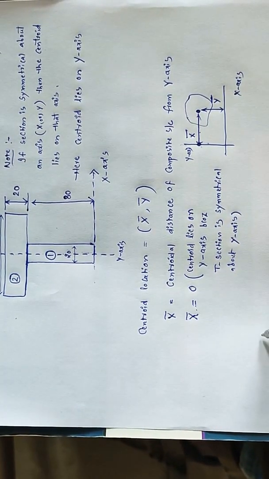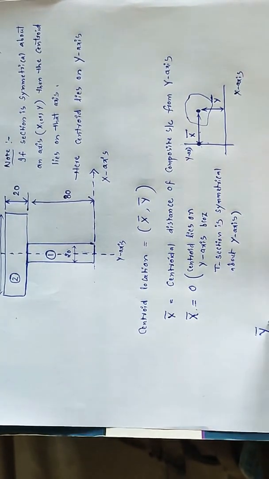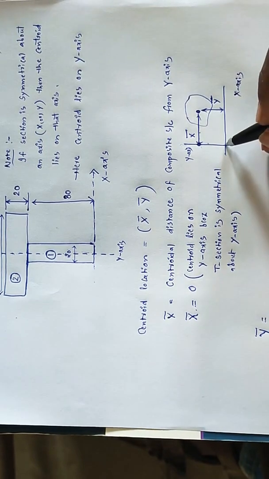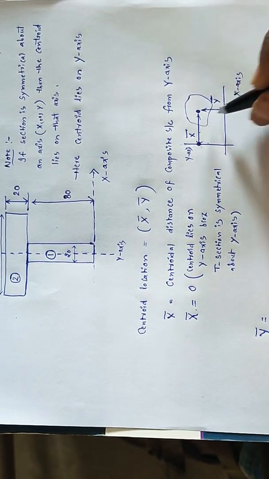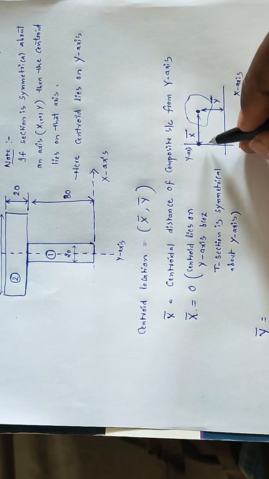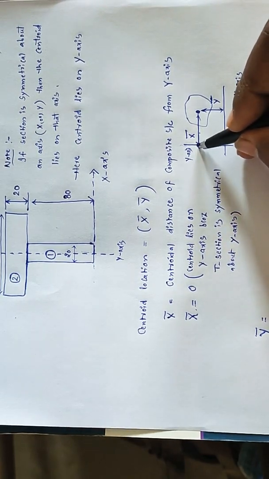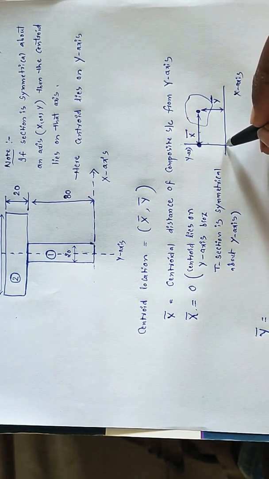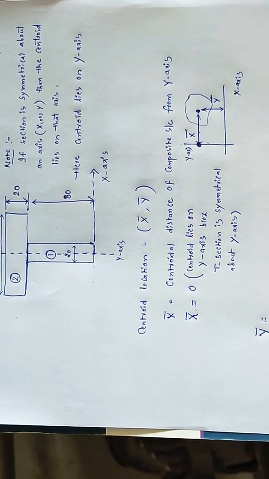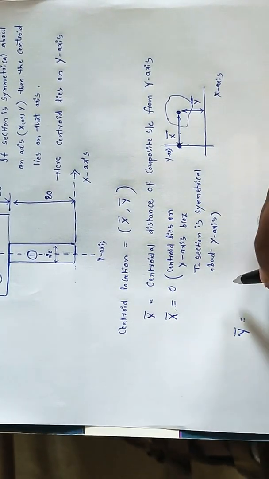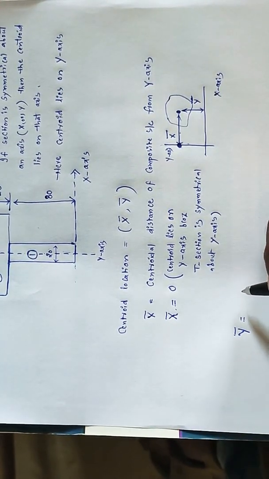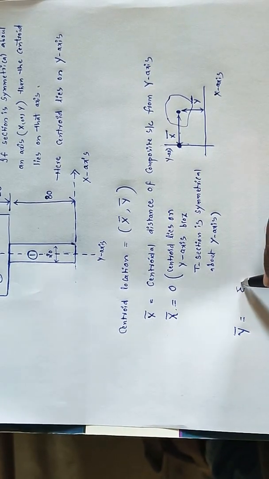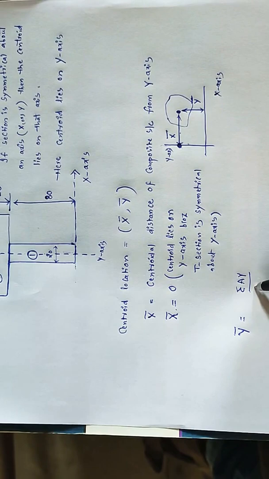So the next thing is we have to calculate y bar. Y bar means the centroidal distance measured from the x-axis. To calculate y bar we have the formula: sigma a y by sigma a.